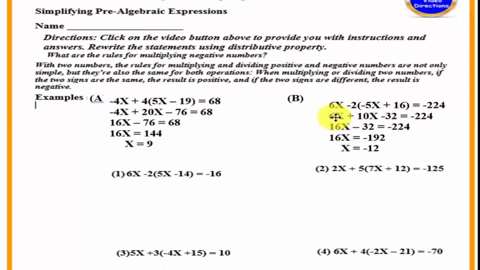Now, 6 plus 10 is 16x minus 32 equals negative 224. 16x equals negative 192, because we add 32 to this side, we must add 32 to this side. And negative 192 divided by 16 is negative 12.